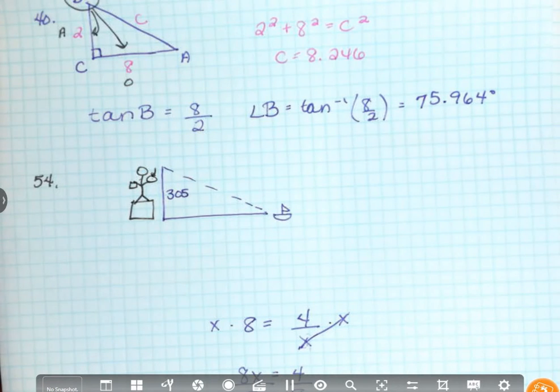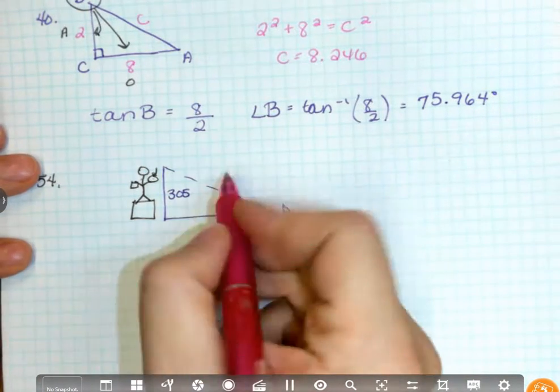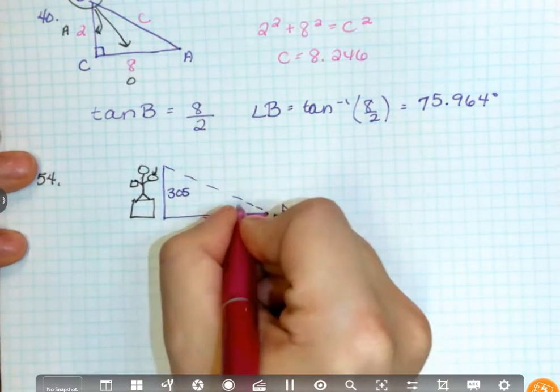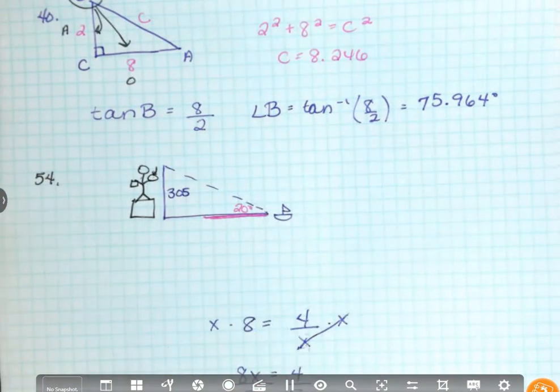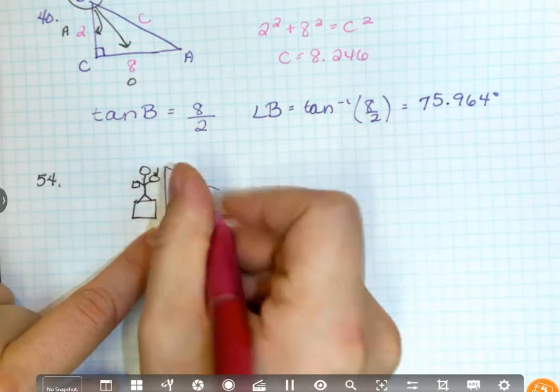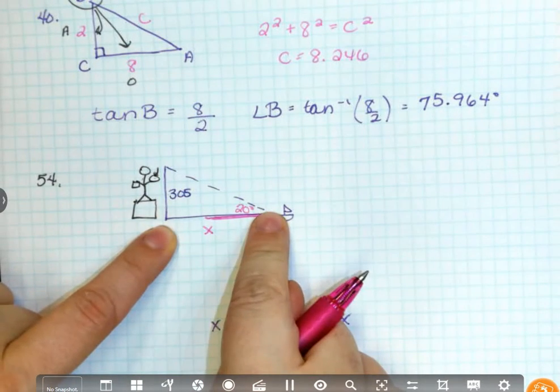And it says, if the angle of elevation to the top of the statue is 20 degrees, whenever they say elevation or depression, find your flat. So that means the angle is going to go right here. And then it says, how far is the ship from the base of the statue? Ship, base of the statue. That's what I'm looking for.